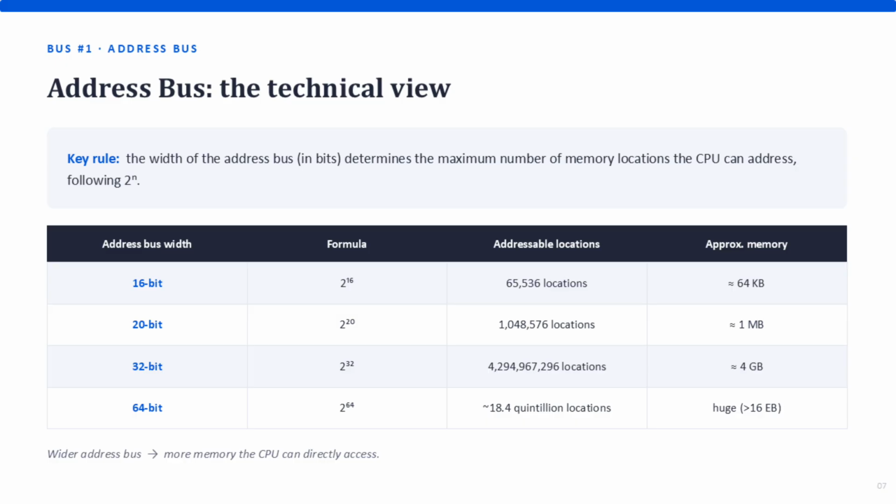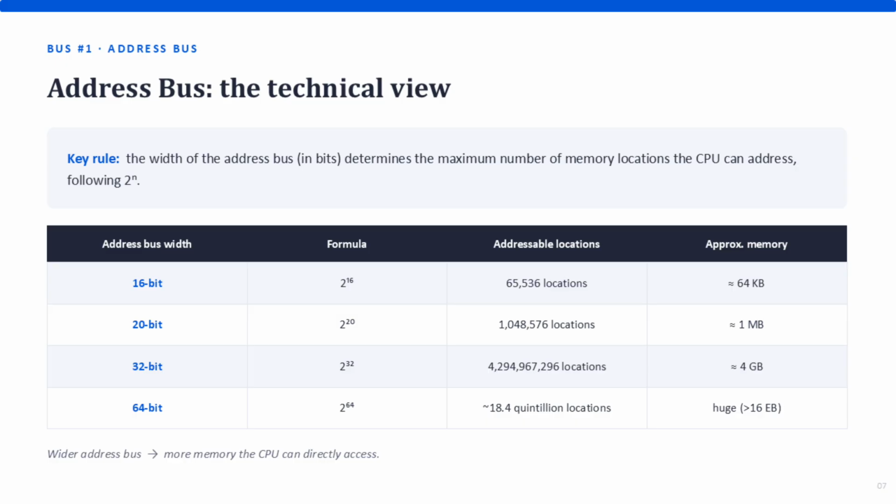Is it unlimited? Can a processor access any amount of memory? The answer is no. The amount of memory a processor can directly access depends on one very important factor, the width of the address bus.